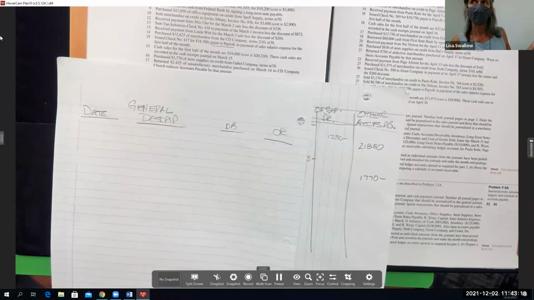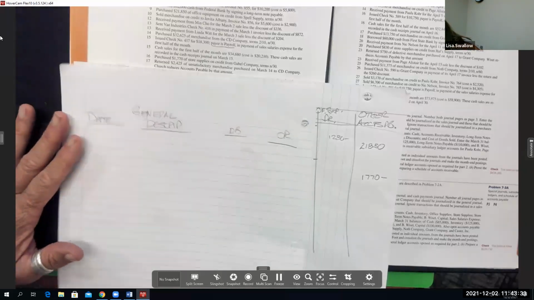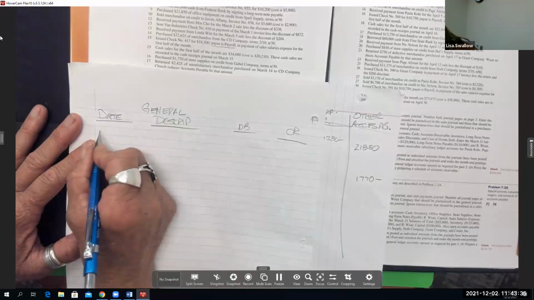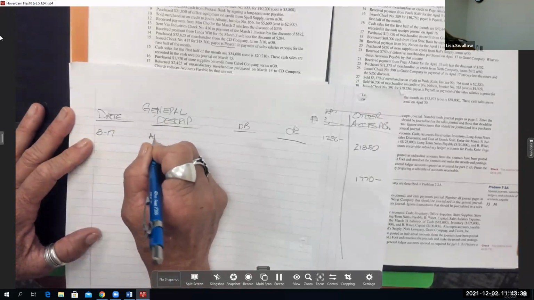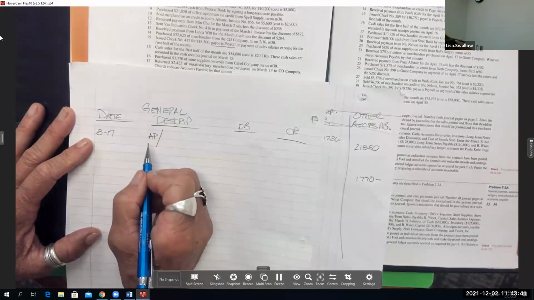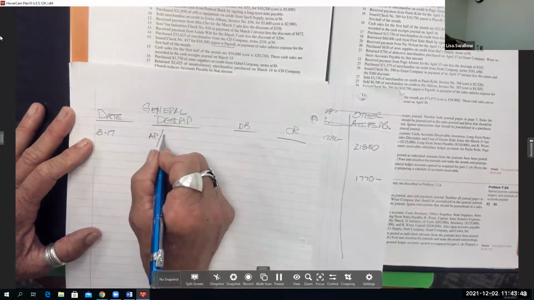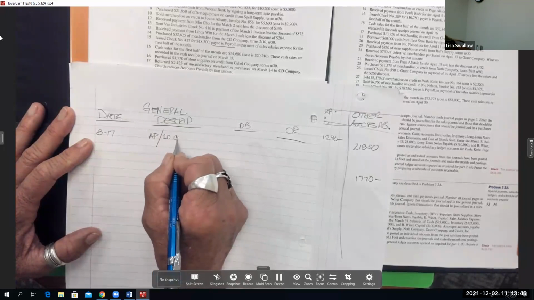But on the AP, you're gonna have to hit both the accounts payable and the subsidiary ledger, or they're not gonna stay in balance. So you've got to reflect that under your description. I'm gonna have to hit accounts payable and I'm gonna have to go to my subsidiary ledger.